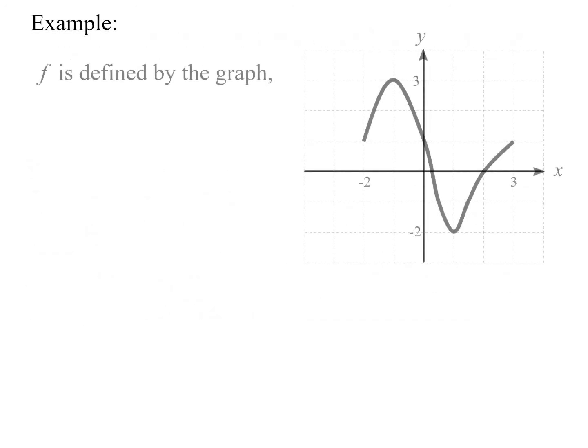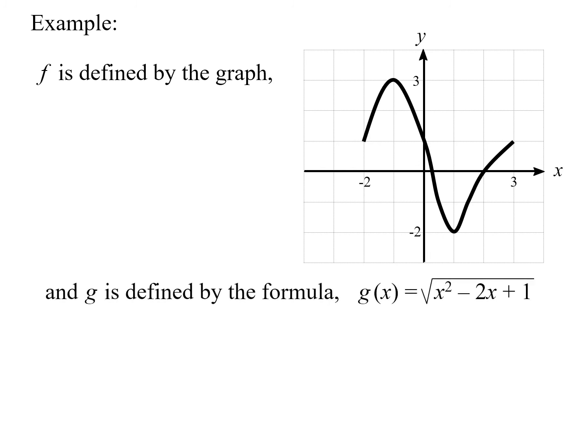Let's look at an example. Suppose f is defined by the graph shown here, and g is defined by the formula g of x equals square root of x squared minus 2x plus 1. Let's find f of g of negative 1. We start with g of negative 1, and that's the square root of negative 1 squared minus 2 times negative 1 plus 1, which is square root of 4, or 2.